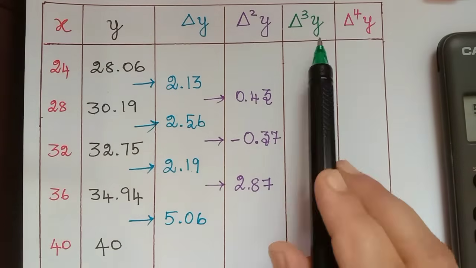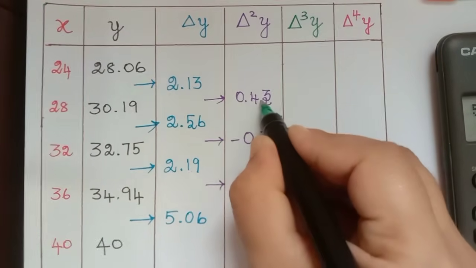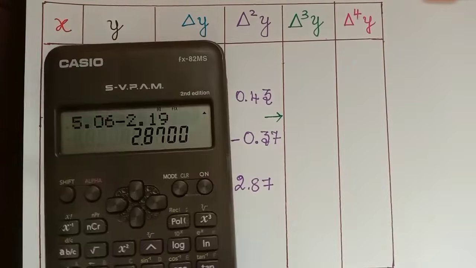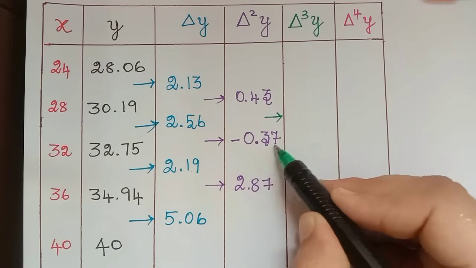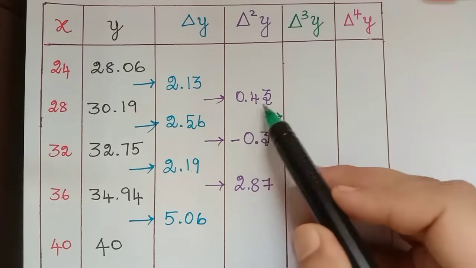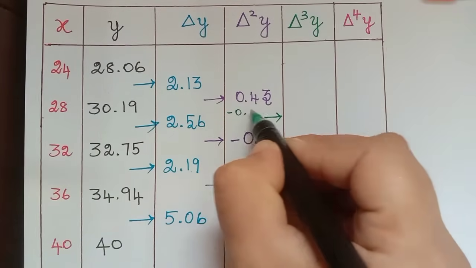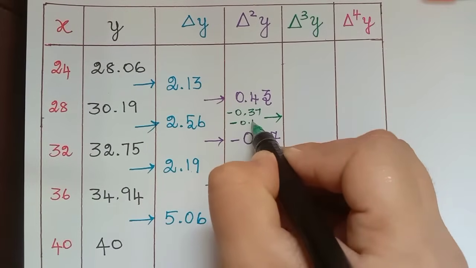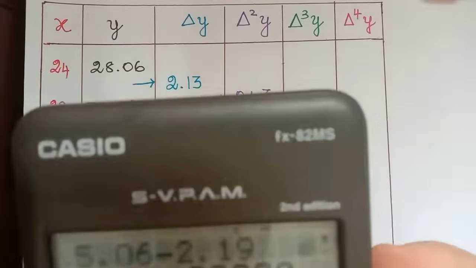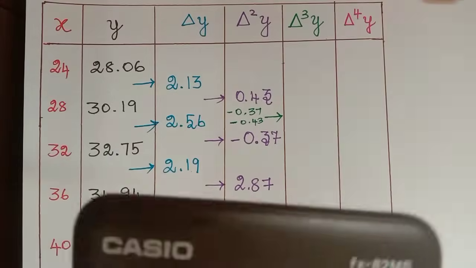Now next we have to find the third difference, which will be this value minus this value. So here you have to be careful now, because you have minus 0.37 minus 0.43. So very carefully you do it here in the calculator. I'll show you. It is minus 0.37.